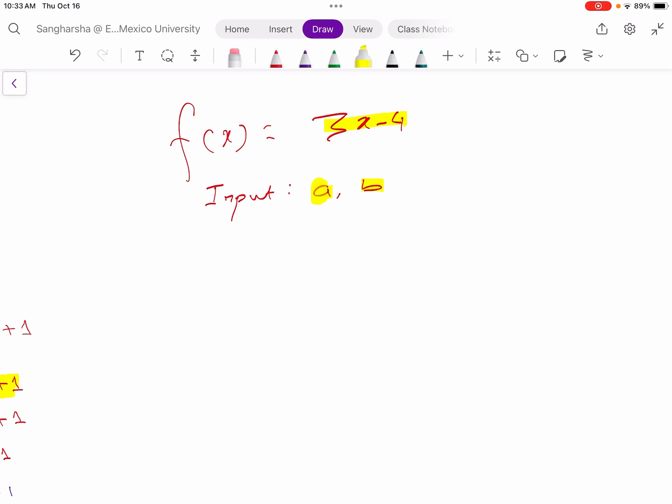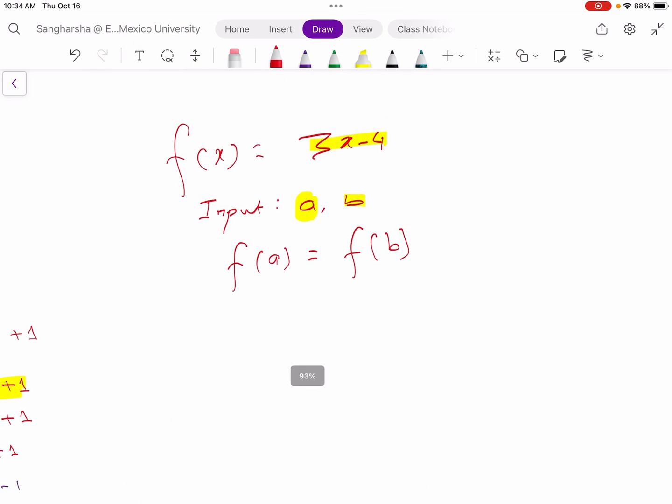The output will be f of A, right? So we have f of A as the output for A, and f of B is the output for B. And we assume that these two outputs are exactly the same.